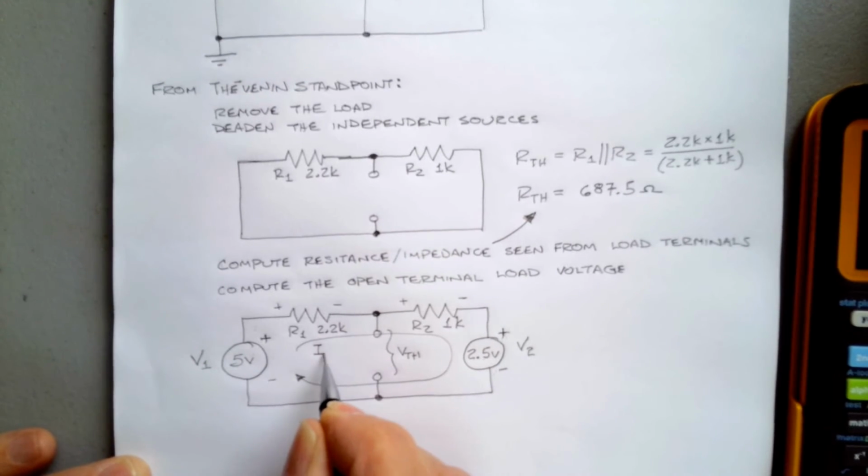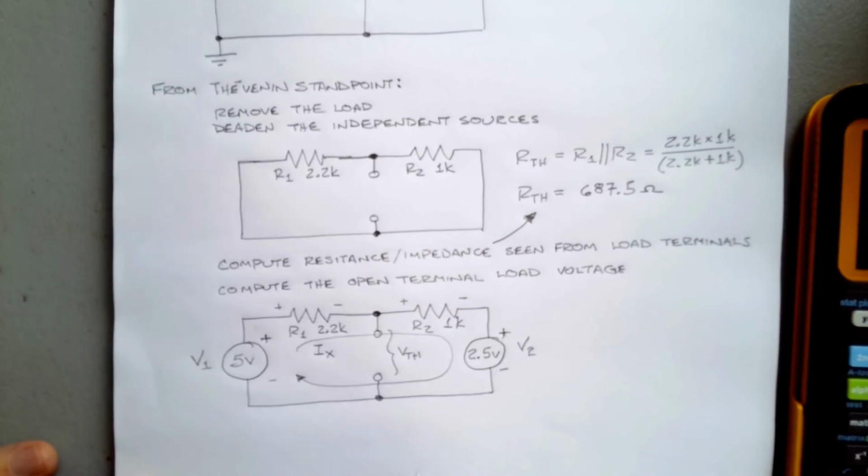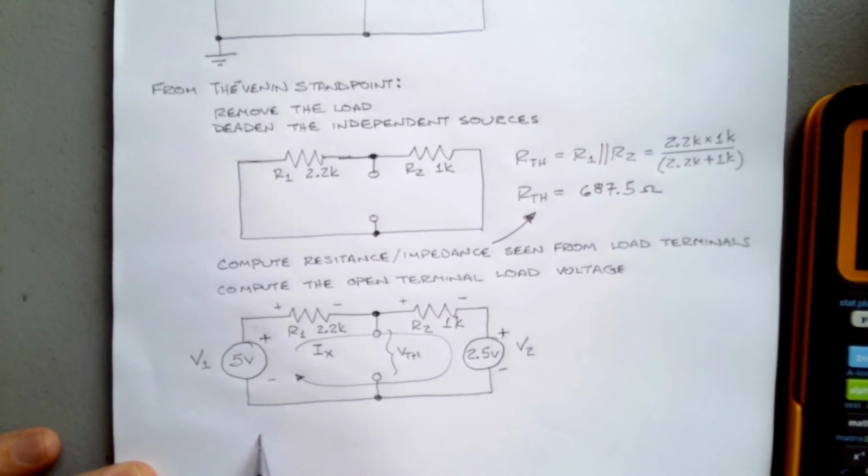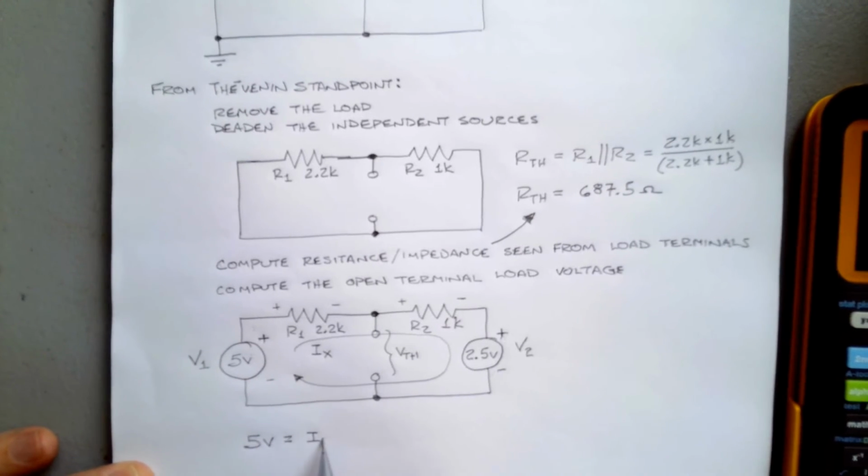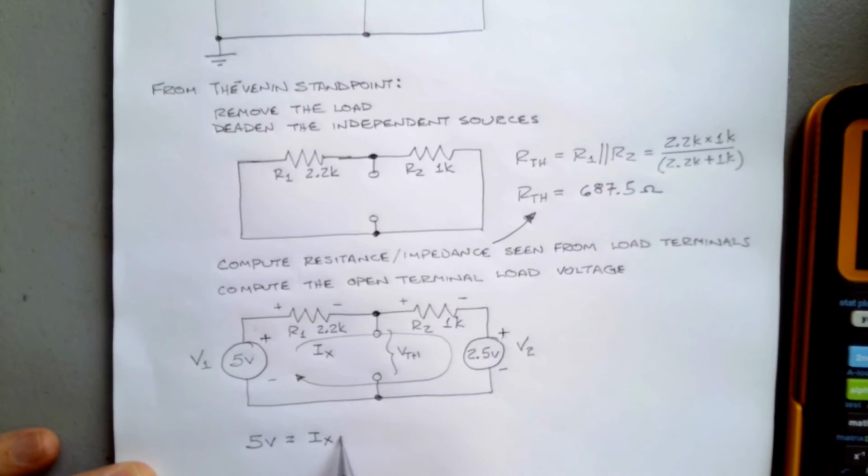Call that IX, if you will. So what I've got here is 5 volts is equal to IX times R1, which is 2.2K. So this is a voltage rise because the arrow's coming in the negative and out the positive.